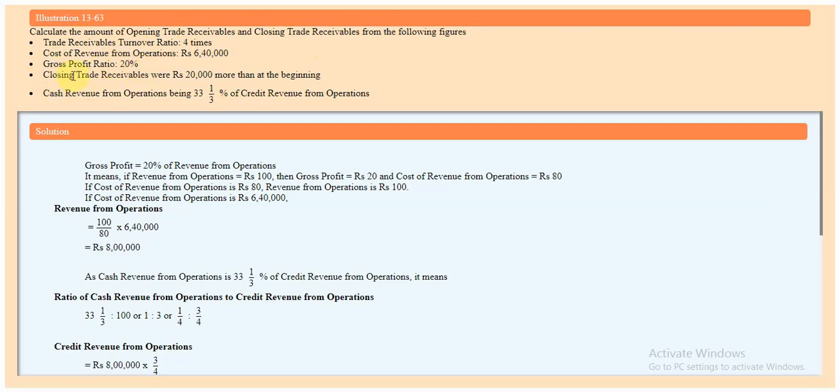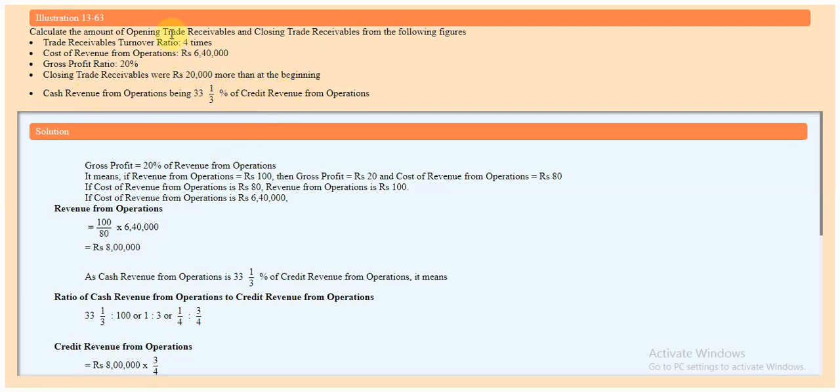And they say that closing trade receivables were 20,000 rupees more than what was there at the beginning. And they also say cash revenue from operations is 33 1/3% of credit revenue, not of total revenue. It's 33 1/3% of the credit revenue from operations.